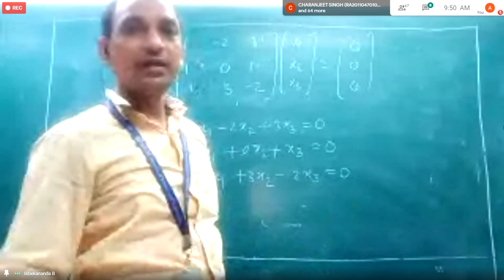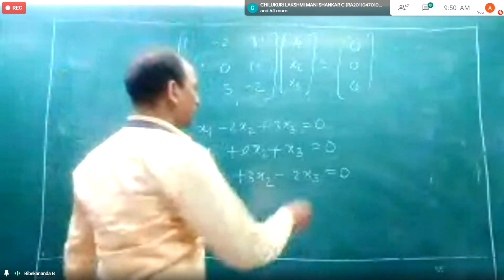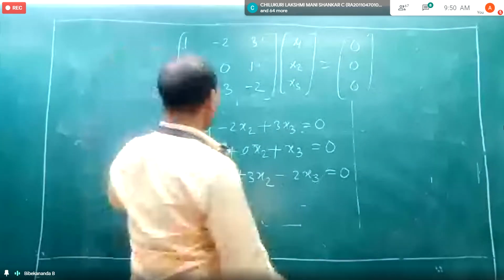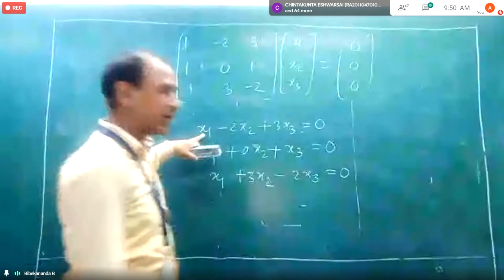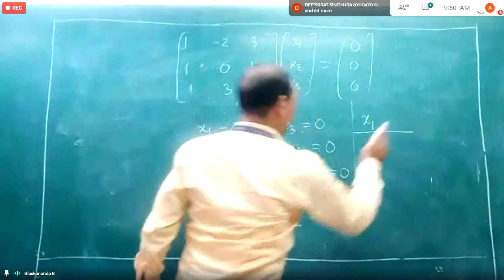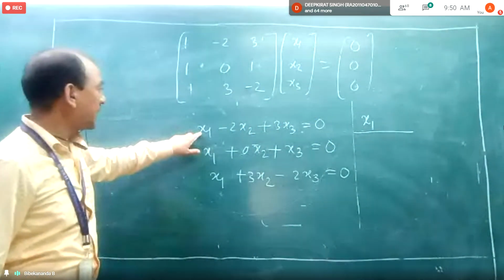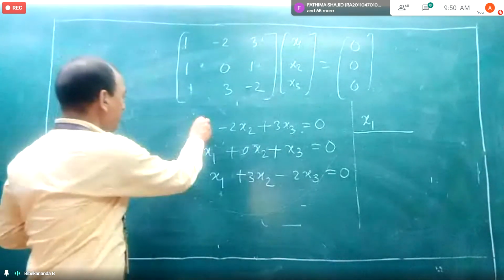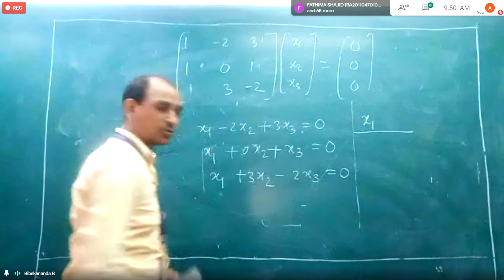Whatever method you like, you can solve it. But here, to save your time, I am giving you the method of cross multiplication. How will the method work? Suppose I want to find the solution for x1. So x1 divided by, when you are taking the first unknown x1, you neglect the column and row associated with x1.